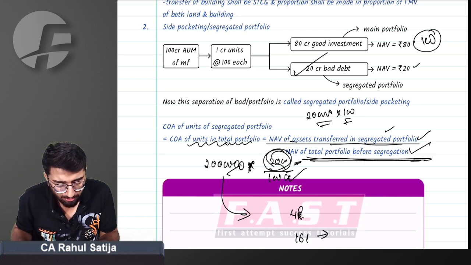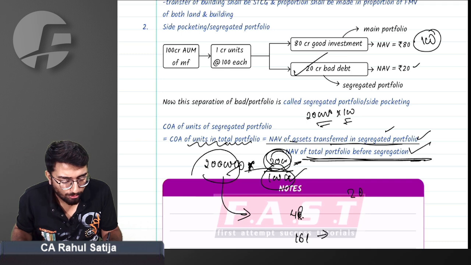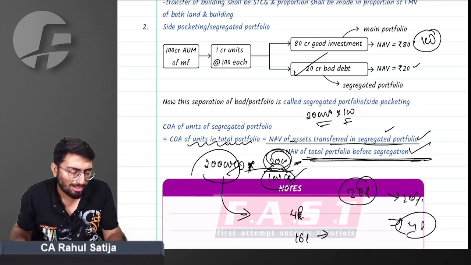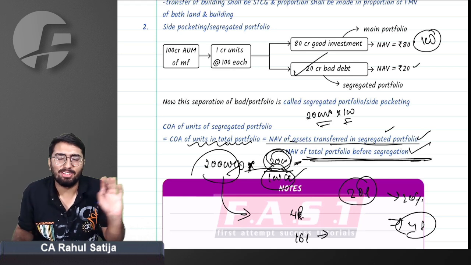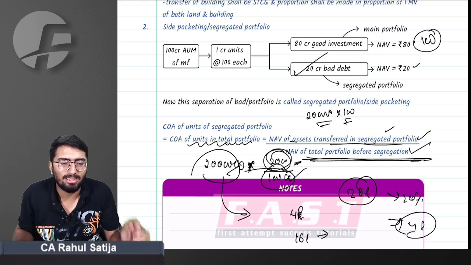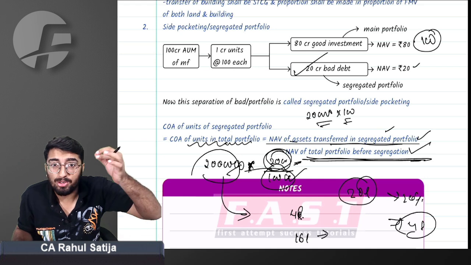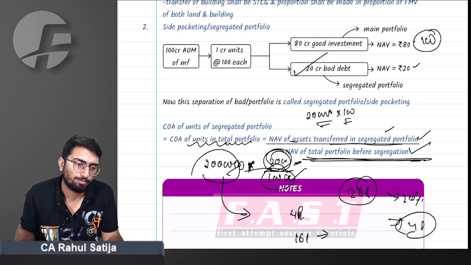So can I say 20% of the assets are transferred? Can I say out of 20 lakh, 20% is bad investment? Can I say 4 lakh is bad investment? The right answer is yes, 4 lakh is bad investment and 16 lakh is good investment. Therefore, 4 lakh will be the cost of acquisition for such a segregated portfolio.